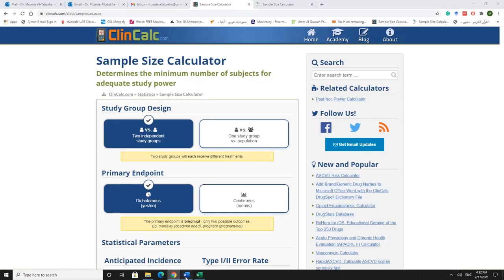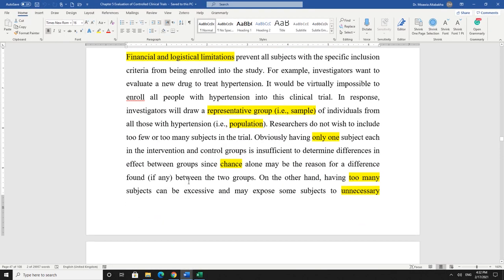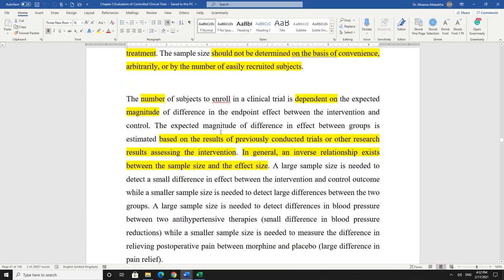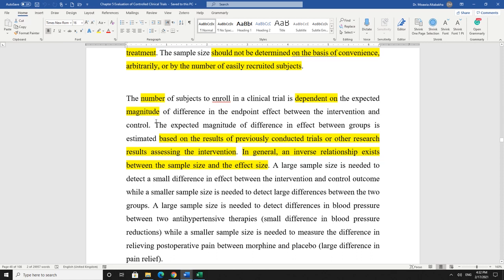And before I go to this website, just to go quickly, what you need to know is that the effect, the magnitude of difference between the two groups, can be based on results from previous research trials. Meaning, what is the significant difference that you expect to be good and acceptable to market my medication?